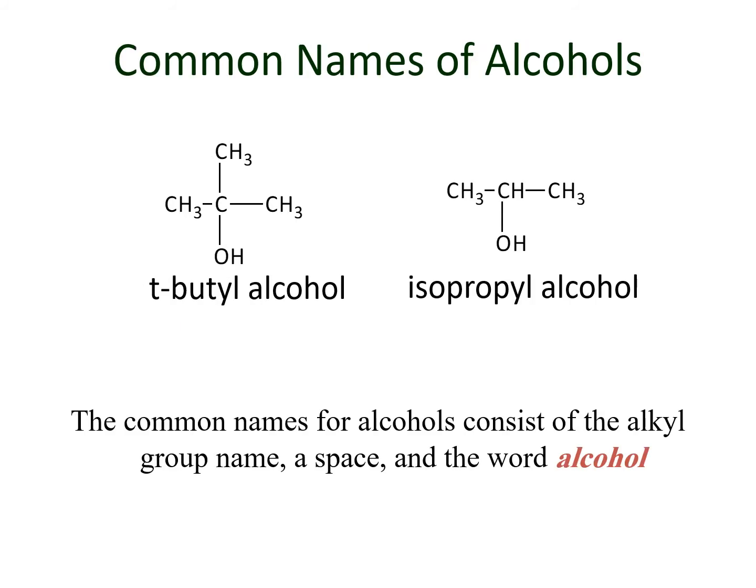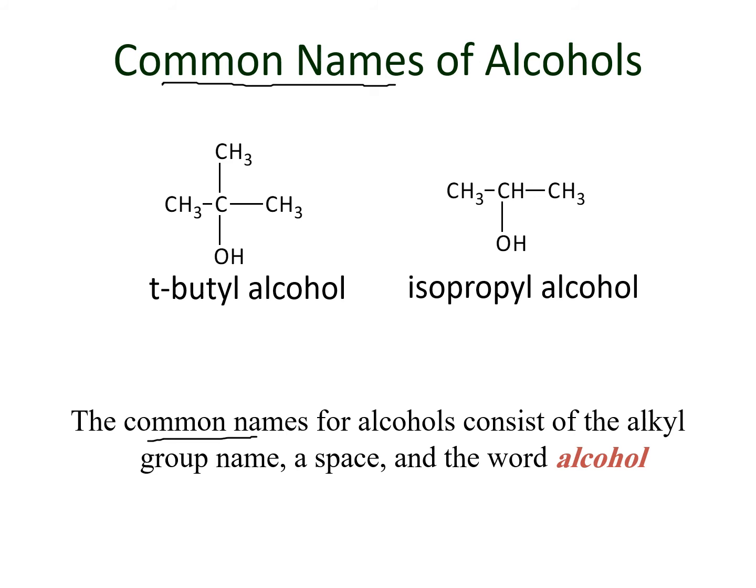Now, some of the alcohols have got some common names as well. These are some historic names at times, old names that take their place in the IUPAC system. So these are not IUPAC names, but commonly used names of some alcohols.